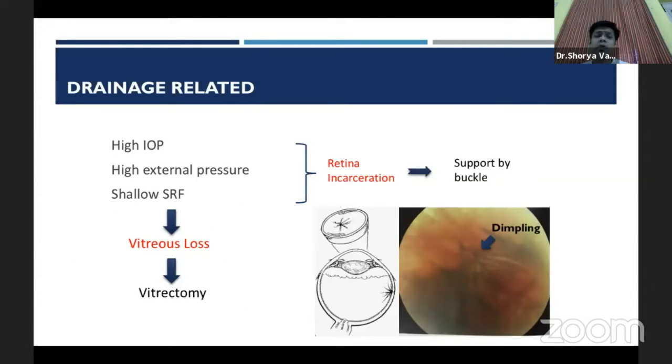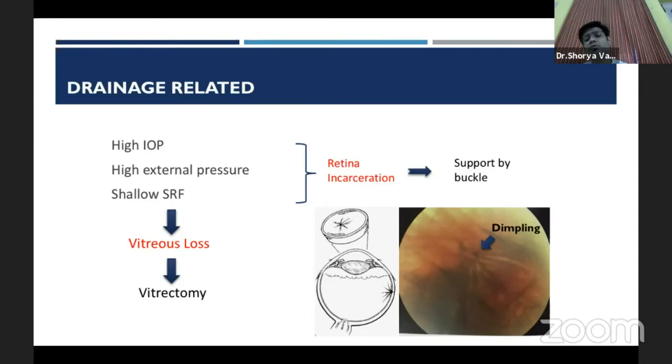Then again, while draining, we might have two scenarios. One is retinal incarceration, which you can see as a dimpling while you do the indirect ophthalmoscopy, or vitreous loss. These occur due to high intraocular pressure, high external pressure while draining the SRF, or shallow SRF. In cases of severe vitreous loss, you might need to do a vitrectomy.